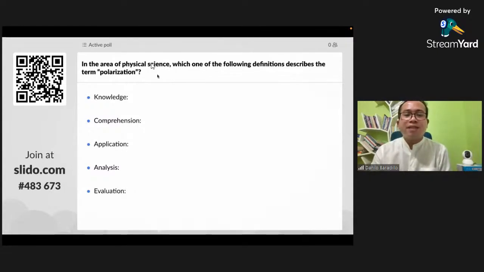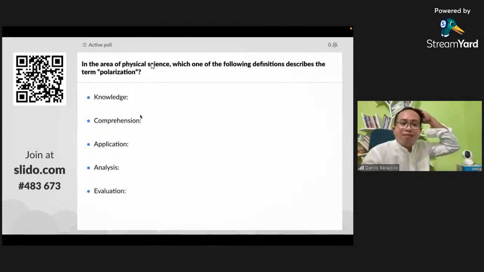In the area of physical science, which of the following definitions describes the term polarization? I want you to join me in slido.com and answer which Bloom's taxonomy level is being addressed with this kind of stem.